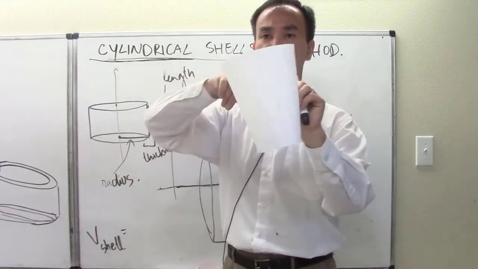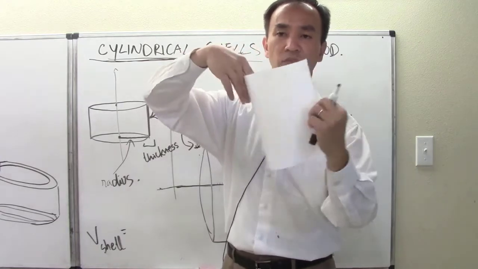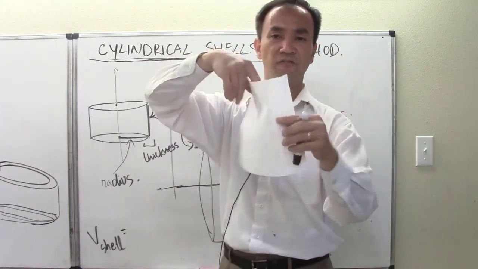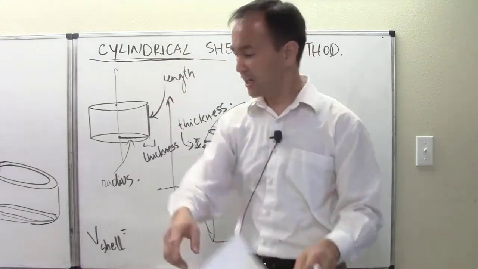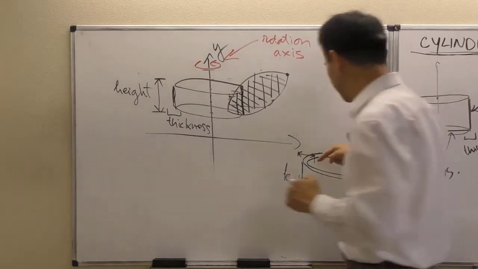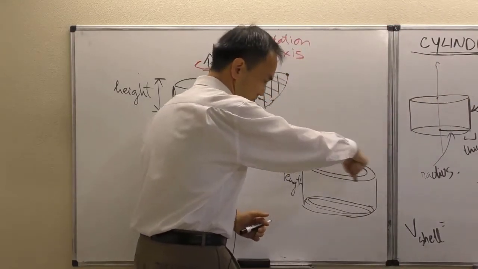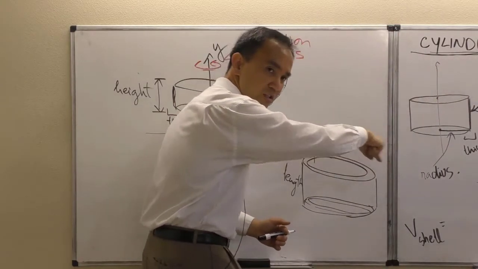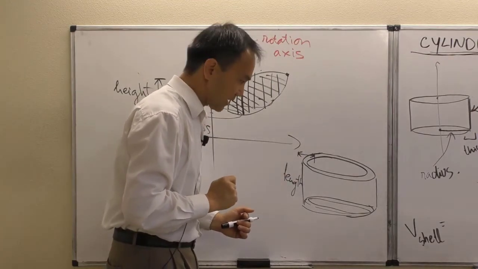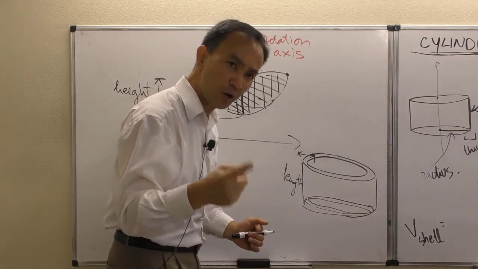When we wrap that around, the length of the paper becomes the circumference. The circumference is going around the circular end right there, that circular face. So the circumference is known to be 2 pi r.